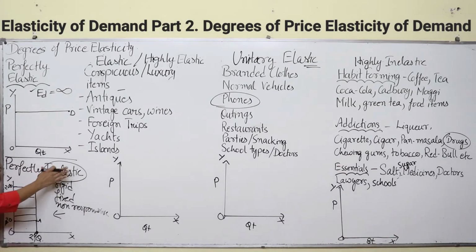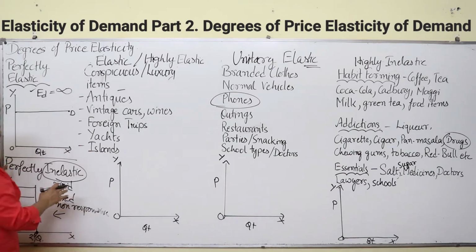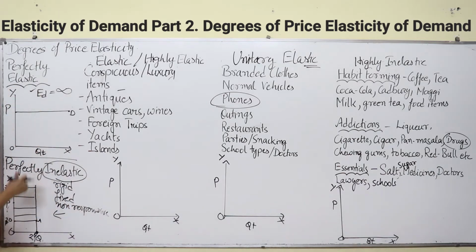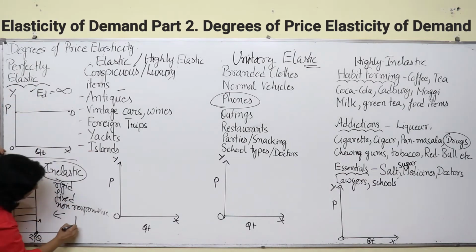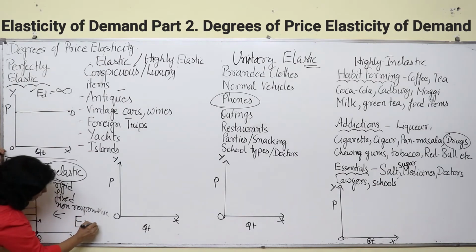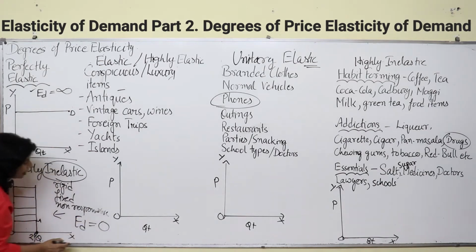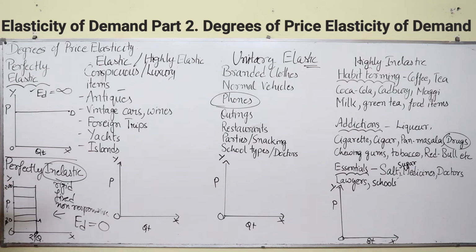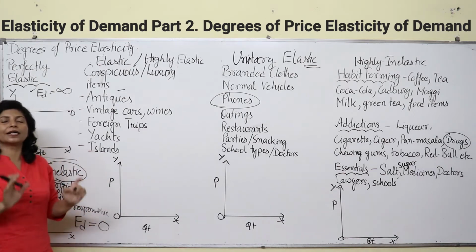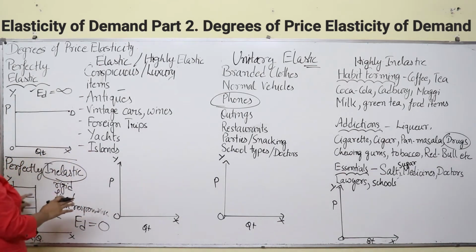So this is rigid and inelastic, it is fixed, it is not flexible. These are the 2 extremes we have discussed, and here the symbol used for elasticity of demand is equal to 0. That means price does not have any impact on the quantity demanded of the commodity concerned.